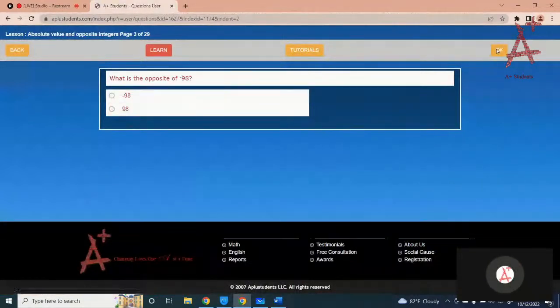Okay, what is opposite of negative 98? Do you know the answer? Please write the answer in the chat box. Your participation is highly appreciated. Opposite of negative 98 is 98.